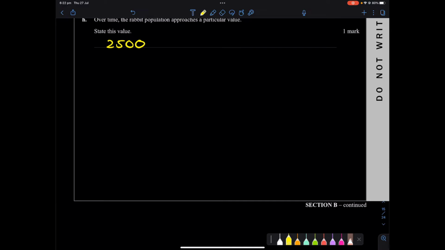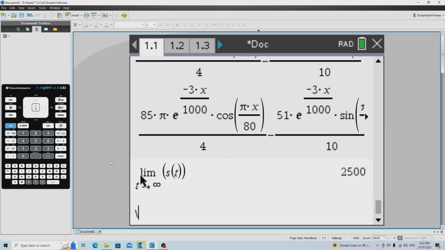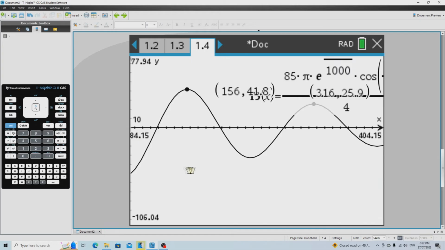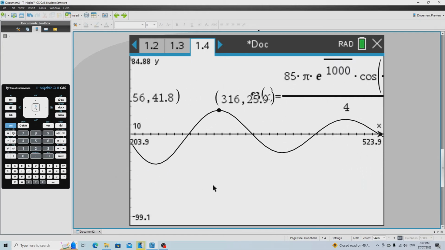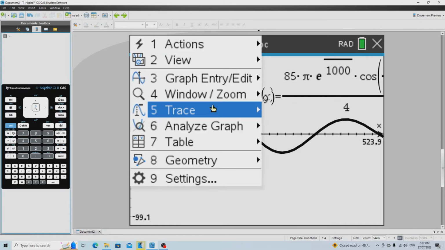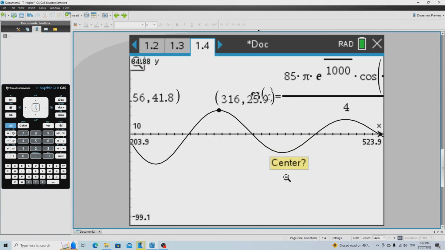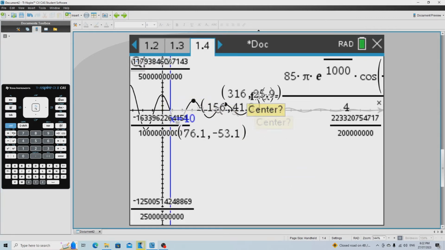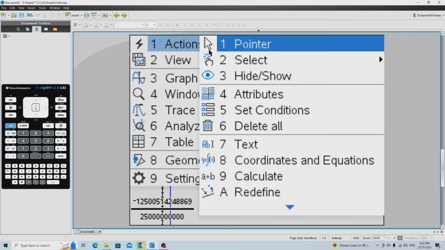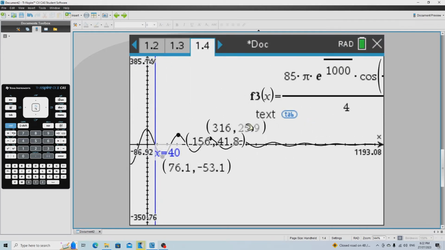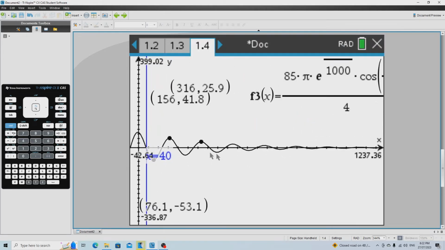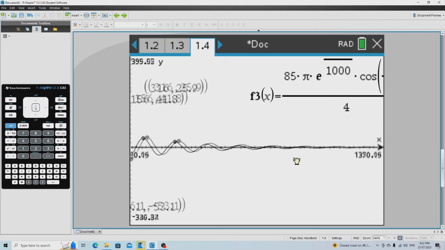So what is a limit? Let me explain with the graph. I need to zoom out more. Can we see how the number is getting smaller?